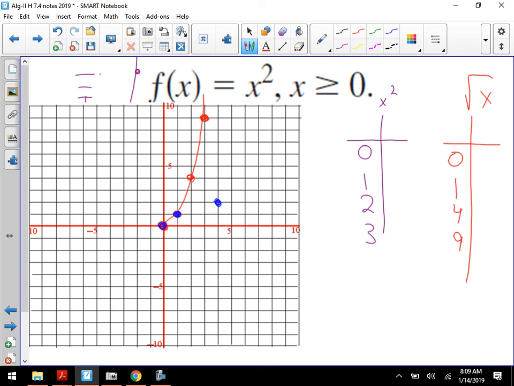What's the square root of 9? 3. You get those two curves, and they're inverses of one another because if you throw the line y equals x, they're symmetrical on that line y equals x.